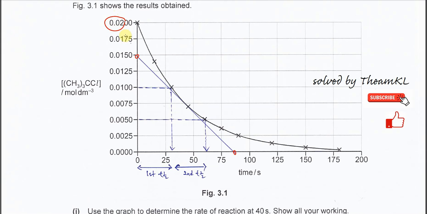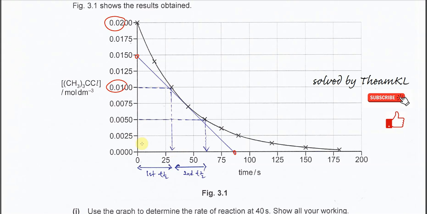Half of the concentration is 0.01. After that, you just draw one line to this point, and you get the time. So roughly you get about 30 seconds. Just roughly, we cannot really get the actual one, about 30 seconds plus minus.